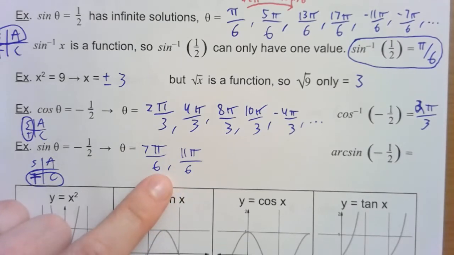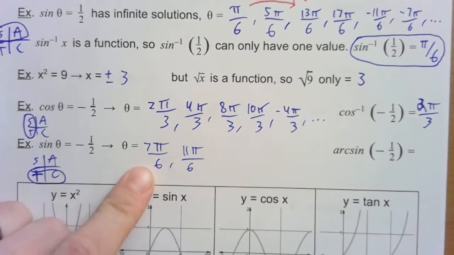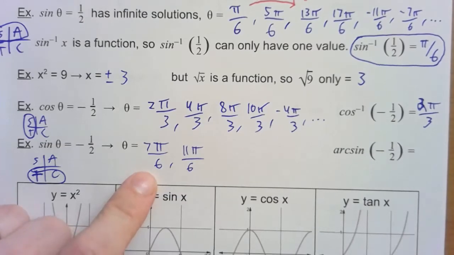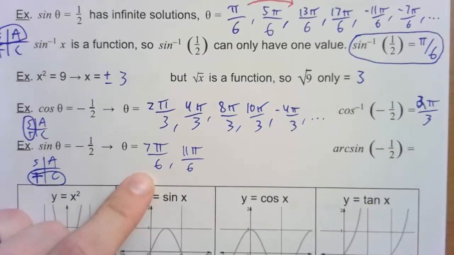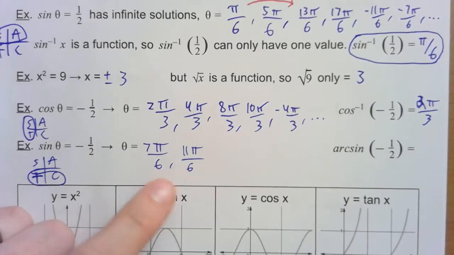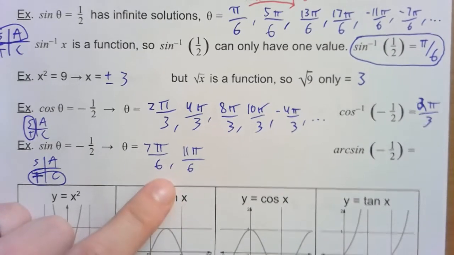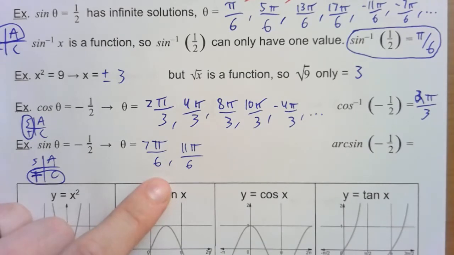You've rotated pretty far by the time you've gotten to 7 pi over 6 or 11 pi over 6. I mean, even to 7 pi over 6, the first one there is more than 180 degrees. You rotated more than 180 degrees by the time that you get to that angle. We want a different angle that involves a lot less rotation. Okay? You think of another angle that's coterminal with one of those that involves a lot less rotation.